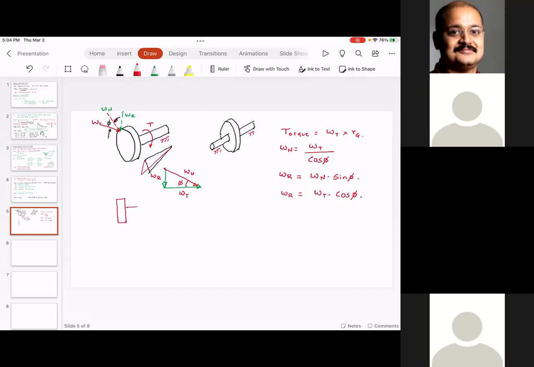If you look at the front view, your moment is going to look like this.